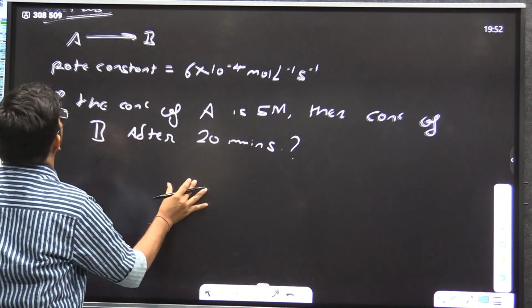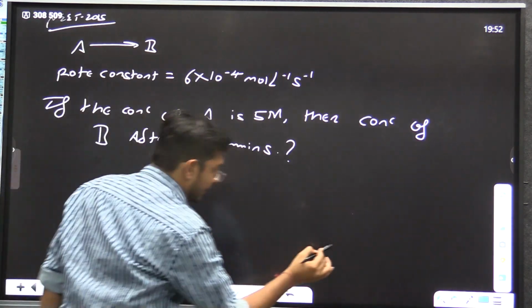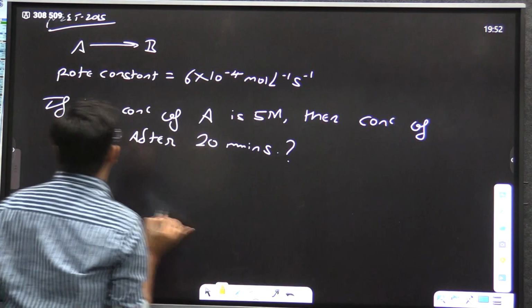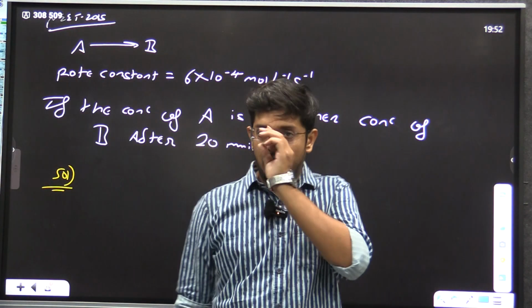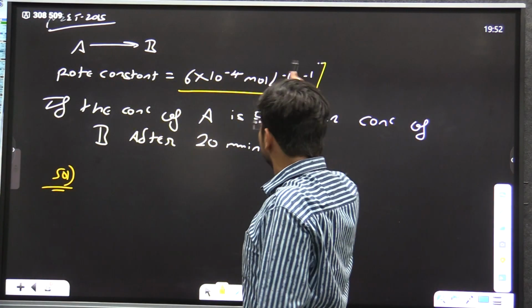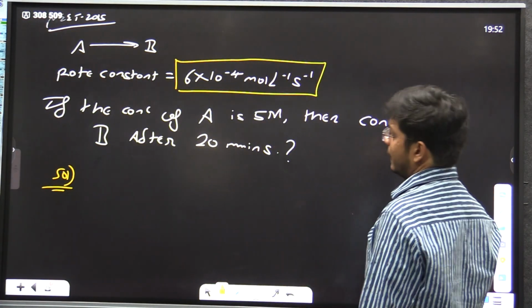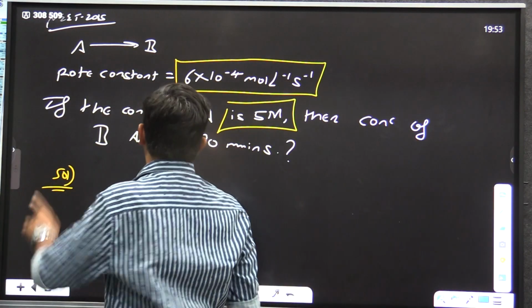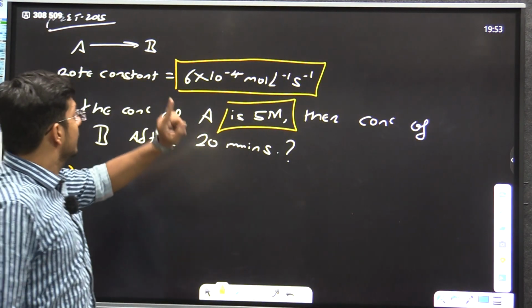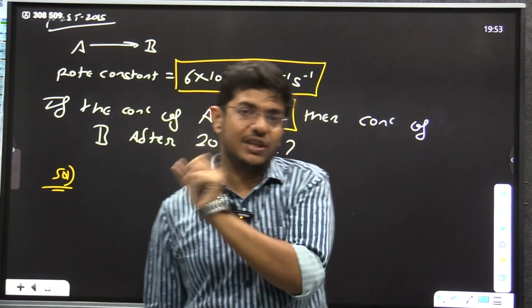Okay. Again, just be calm for the question. We have the rate constant value. Fine. And the question gives the concentration of A. My dear, before this, we need to know this is actually zero order.